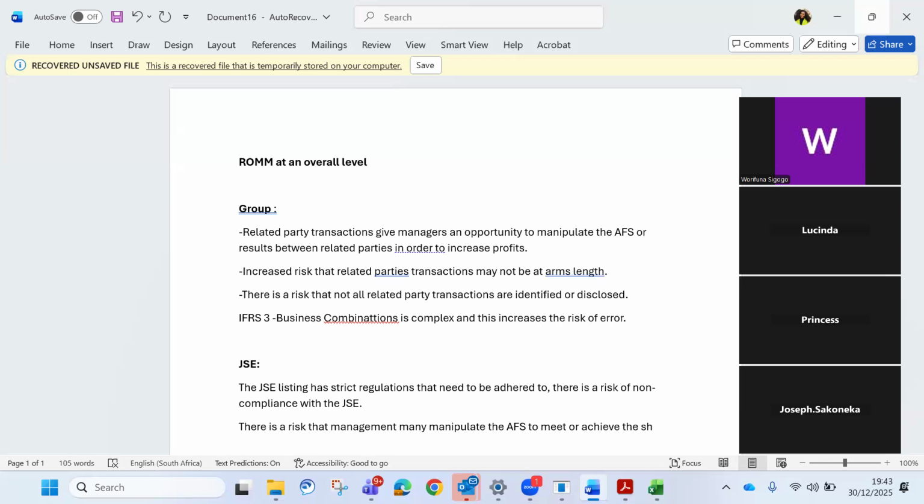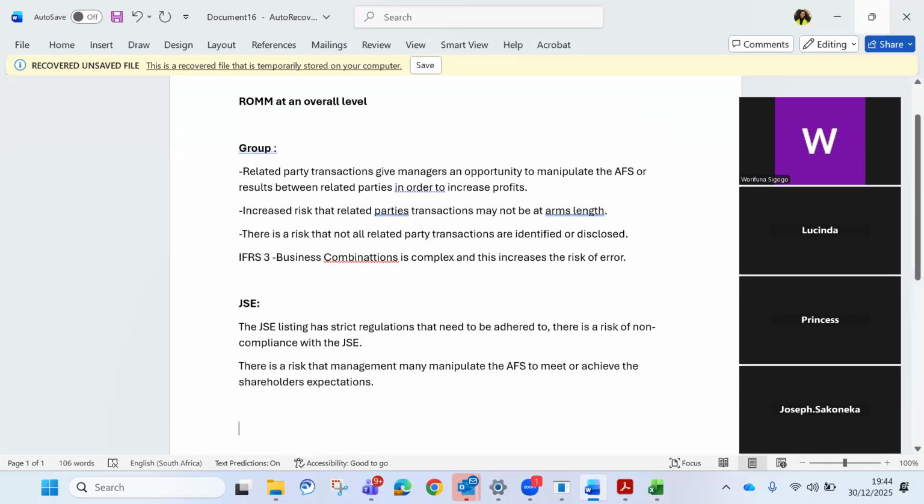The people who invested or bought shares here are expecting certain movements. So now you have a very big incentive or opportunity to manipulate this so that you meet the shareholders' expectations. All right? This is you being listed on the JSE.